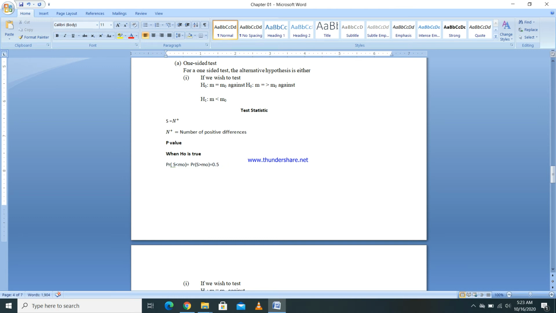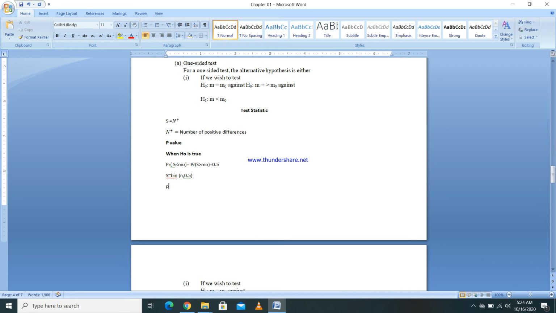Because of that, we can say our test statistic has a binomial distribution, where n is the sample size and 0.5 is the probability of success. Based on this, we are going to calculate the p-value of this test.